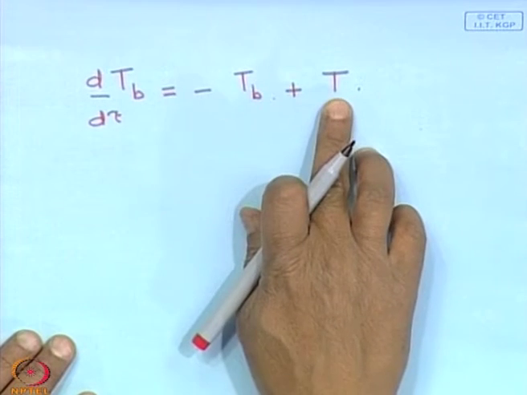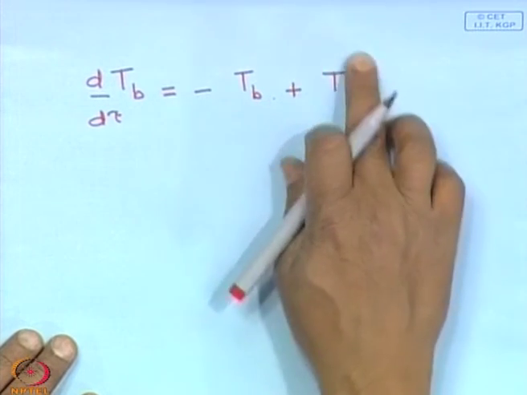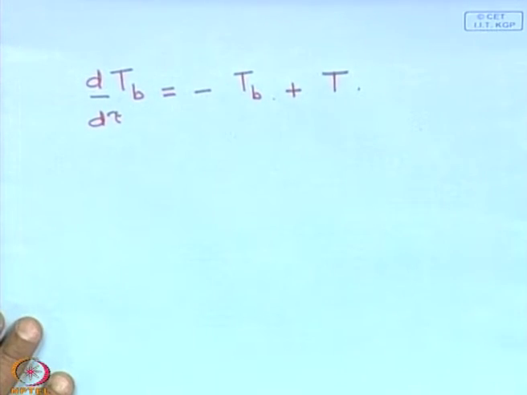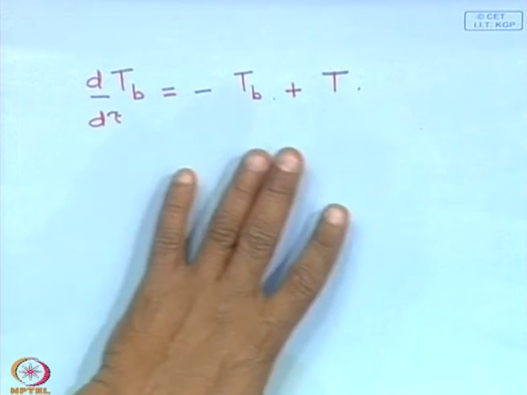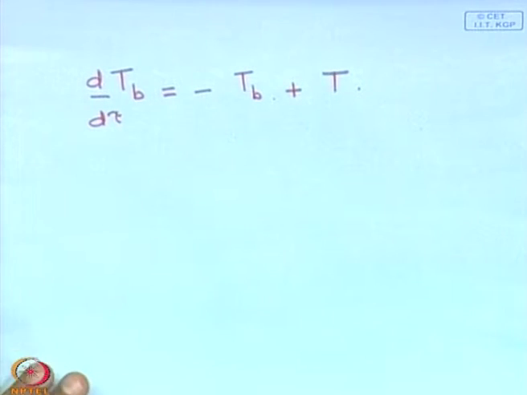There are multiplicative factors which will appear throughout. The source function gets just replaced by the temperature of the material through which the radiation is passing. So, the radiative transfer equation itself becomes much simpler if you use the brightness temperature in the Rayleigh-Jeans limit.